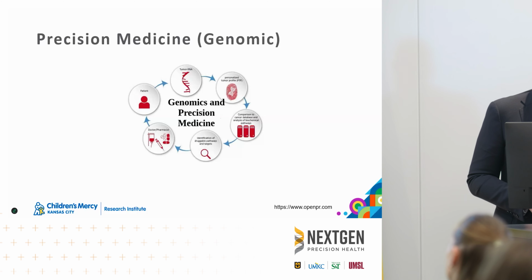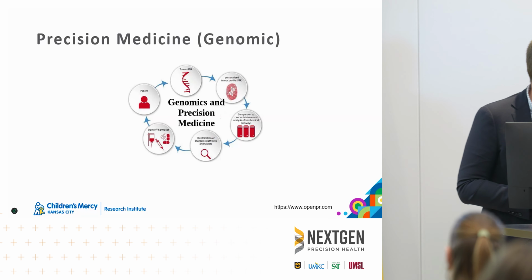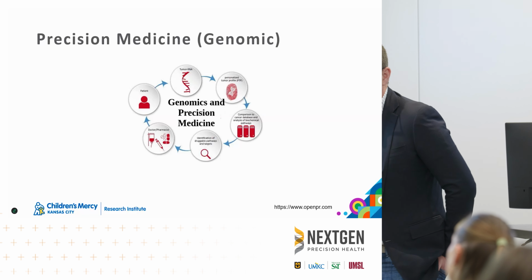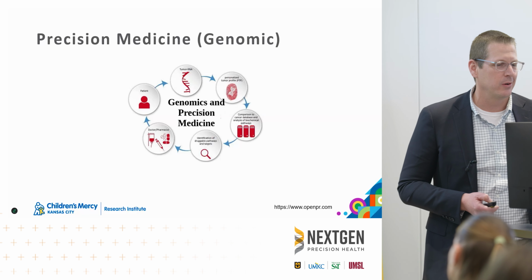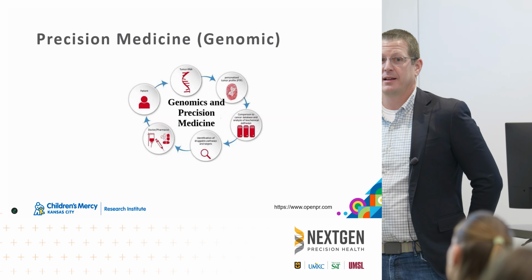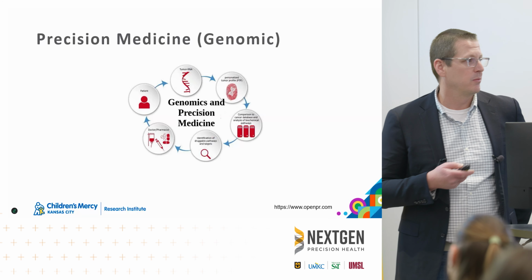So again, working on some terms, precision medicine, I guess you guys are probably familiar with it, being a precision medicine venue. But this is the idea of precision medicine shortly after the Human Genome Project. The idea that we were going to get genome sequenced, and that was going to tell us everything about disease and what drugs were going to work.